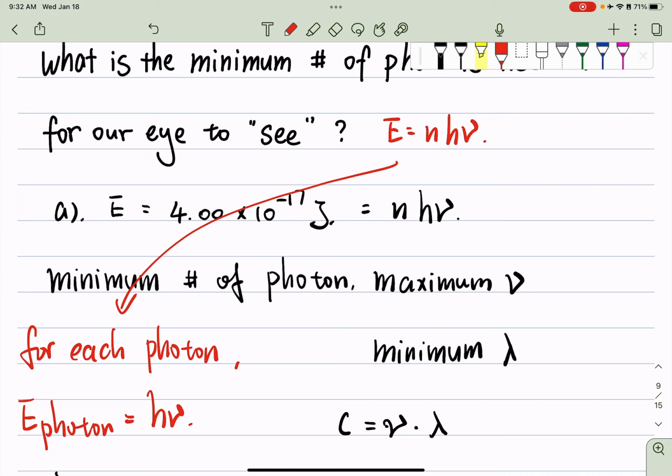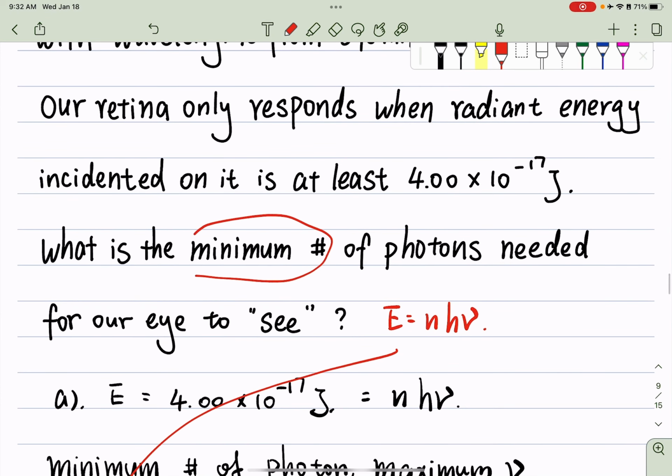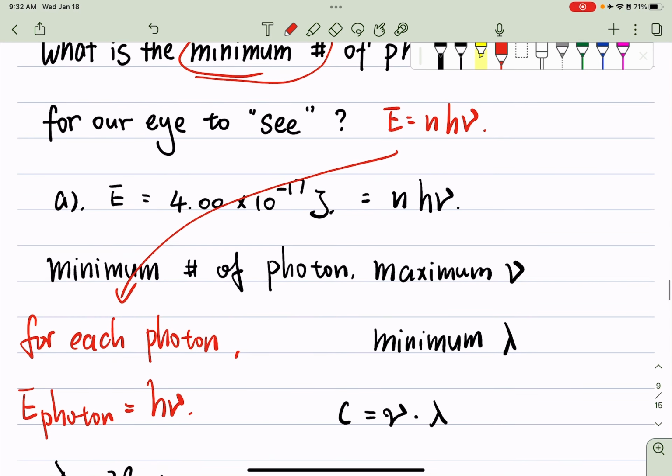Can you explain how you knew to use the 390? Right, so the question is how do we choose the 390, not the other numbers? The question is asking for the minimum number of photons needed. Looking at this relationship, E equals n times hν, hν is the energy in each photon.